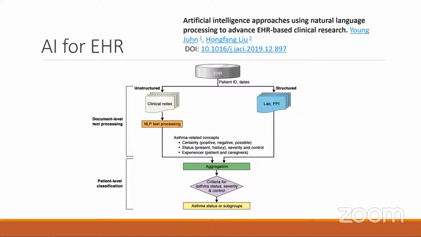These facts need to be in the electronic health record of the patient, as for example the status, the severity, and the control, and if the patients and caregivers are also providing this information. We just add it all up, and then we do a patient level classification. So for example, if we are sure that for asthma disease these biological conditions are given, this ensures us to classify this patient as a probable asthma patient.